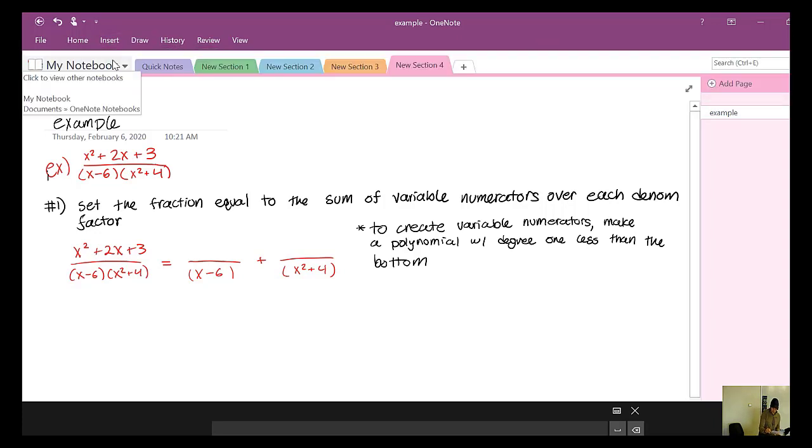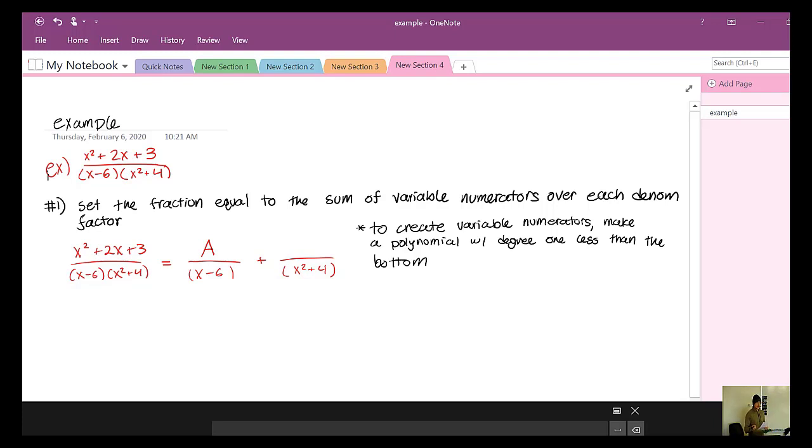So for x minus 6, what's the degree of that polynomial? It's degree 1. So 1 less than that is a degree 0 polynomial, a constant. So for the variable, I can just put a, some constant.